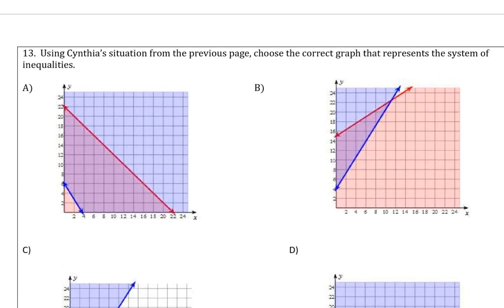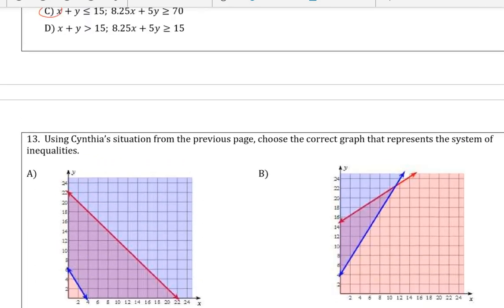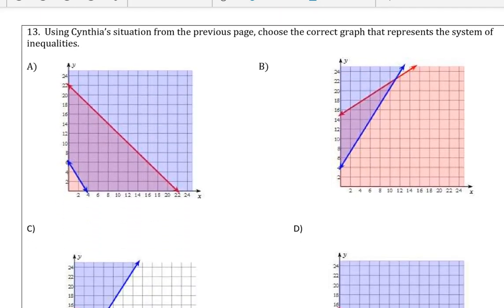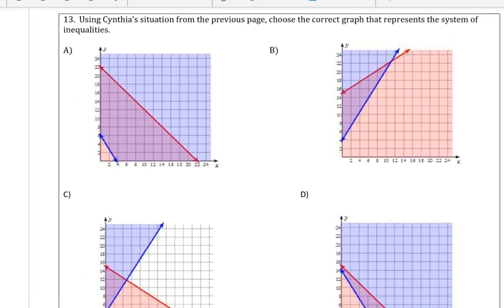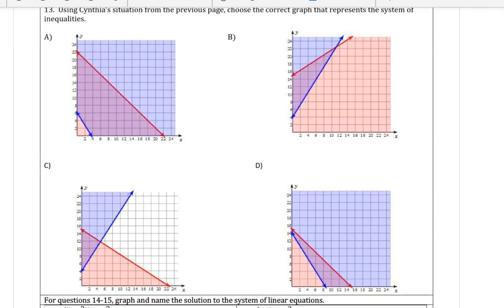Now we're looking to choose the correct graph. So when we graph these two, again, using either a graphing utility or if we just sketch them out by hand, C and B should immediately make absolutely no sense to you.